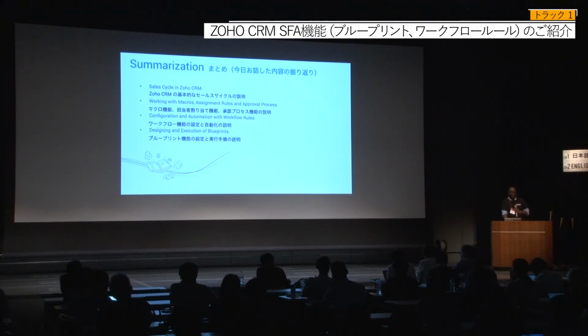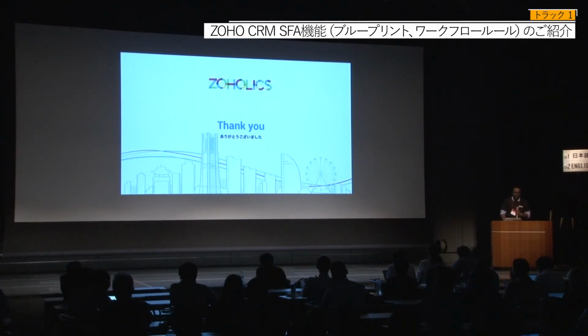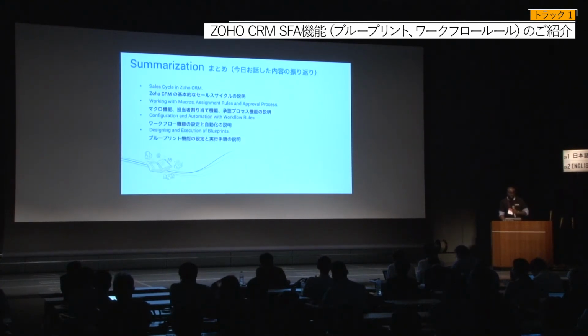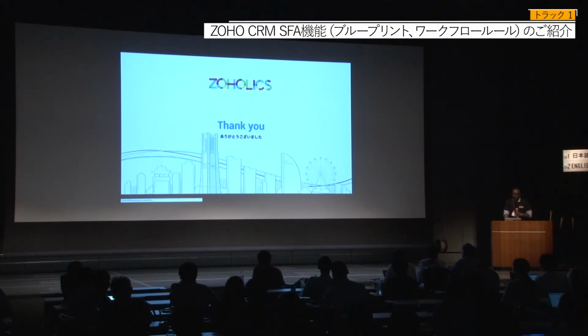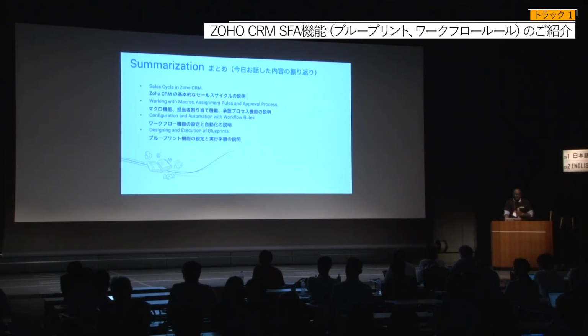So assignment rule is, for example, a lot of records are getting into your Zoho CRM that has to be assigned to a specific set of people. Then you can use assignment rules. And we saw about approval process. So if you have any peculiar or very important deal that has to be approved or that has to be notified to any higher role person, then you can use the approval process.